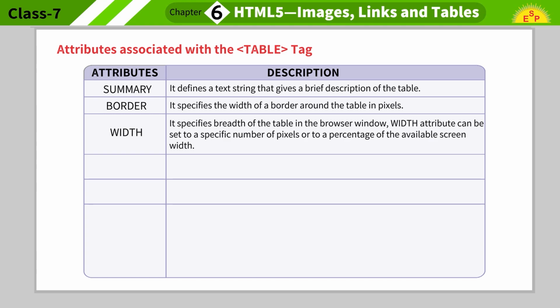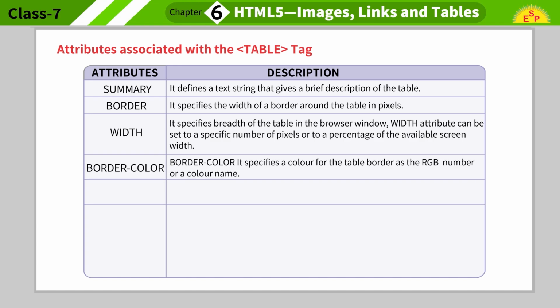The width attribute can be set to a specific number of pixels or to a percentage of the available screen width. Border color: it specifies a color for the table border as an RGB number or a color name. BG color: it specifies a color for the table background as an RGB number or a color name.